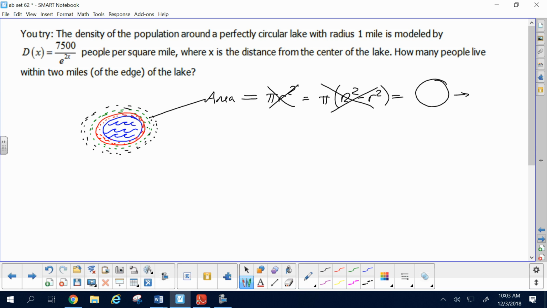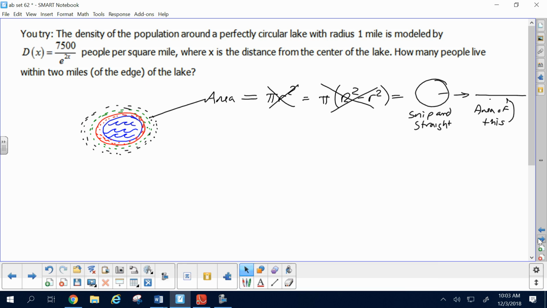This made that. If you snipped it here and straightened it out, you should be focusing on the area of this. Snip and straighten. Okay, that's a little hint.